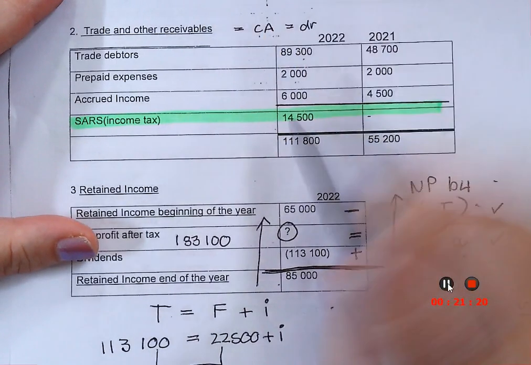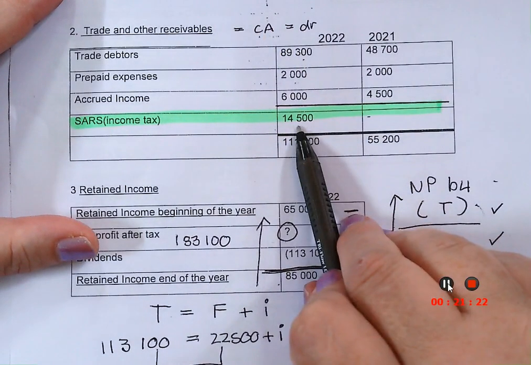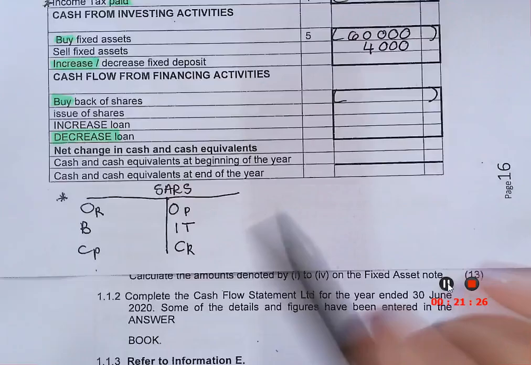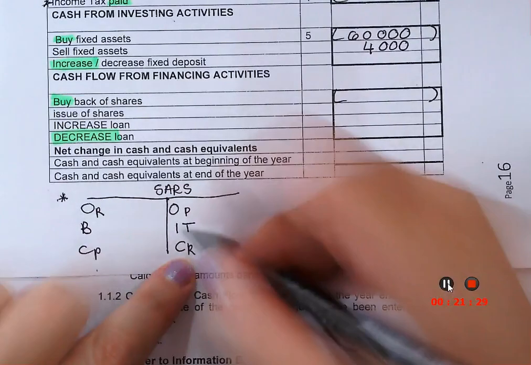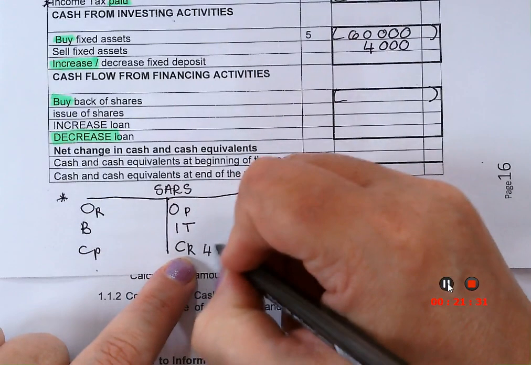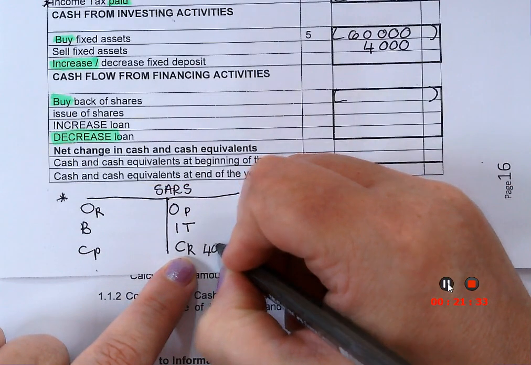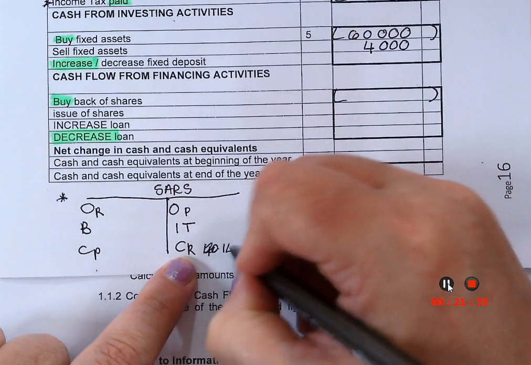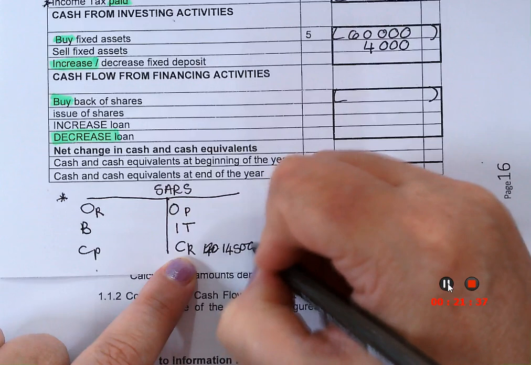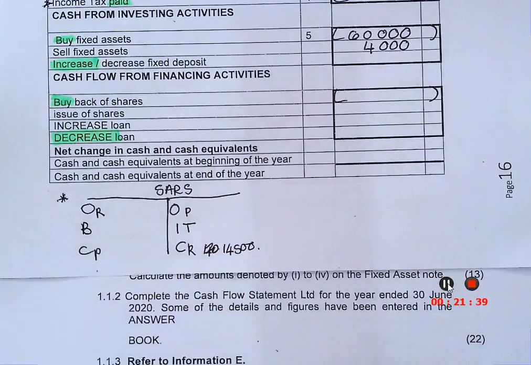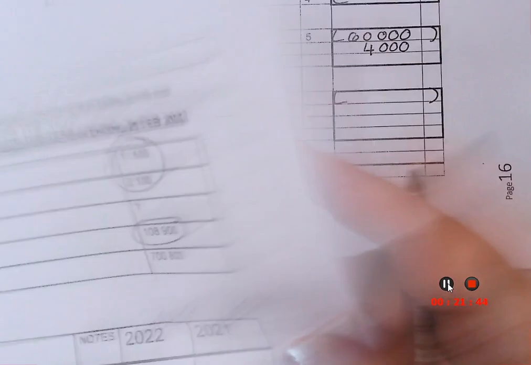So receivables, 14,500. Closing. So the closing is this side. Who wants to man me? Everybody fine? Okay. So now I know, because it's not in receivables, the opening is definitely in the payables.